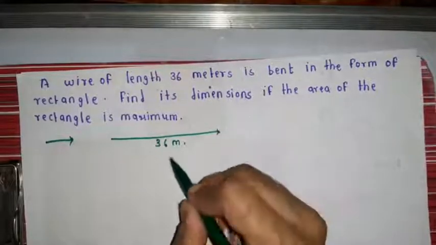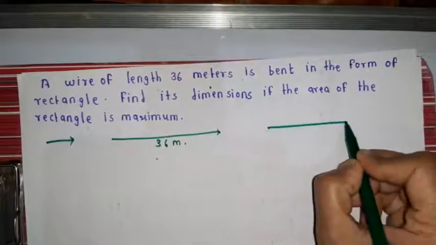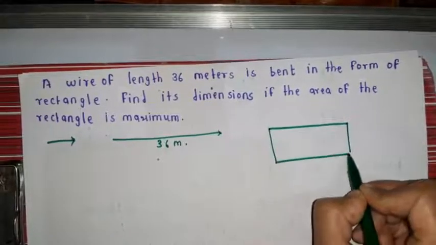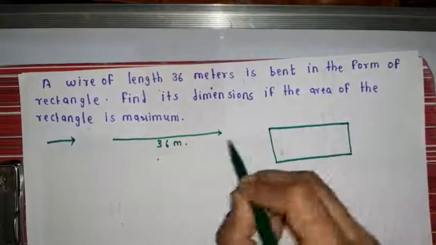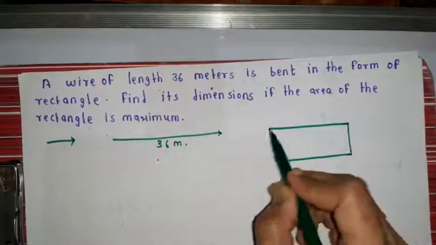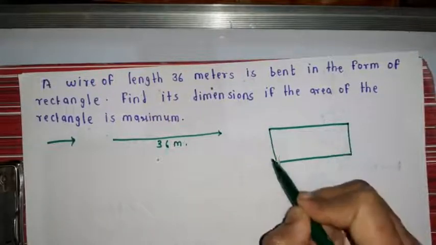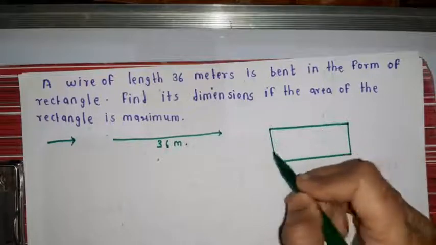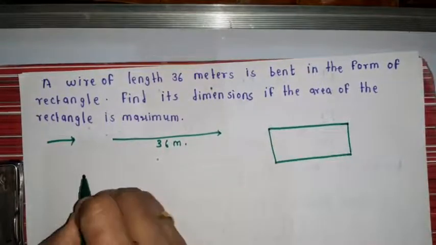Now by using this wire we have to form a rectangle. That means we form this rectangle using this 36 meter wire. So here the perimeter of the rectangle is 36 meters.